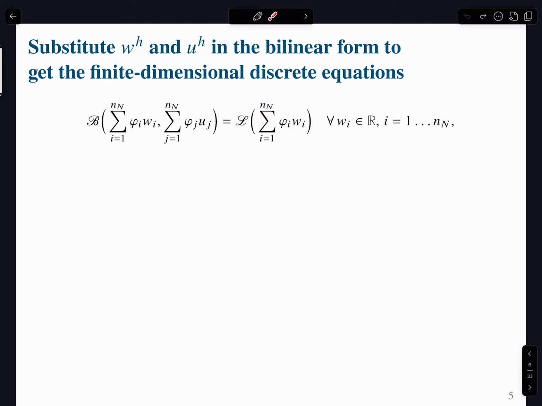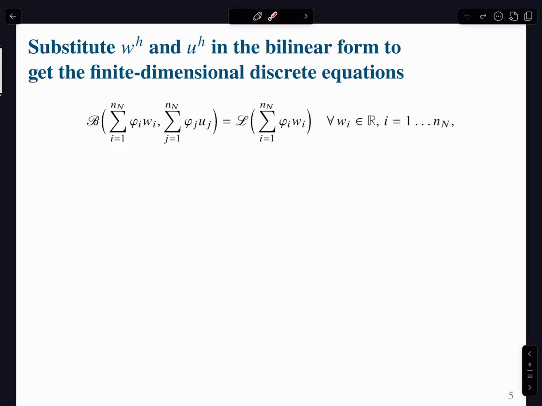And if I plug into that bilinear form the test functions here and the trial solution here, then you see that we can start playing around with this equation, the bilinear form and the linear form. So by plugging in the trial solution and the test function, we can write it like this. Of course, it has to be equal: the bilinear form equal to the linear form for all test functions.